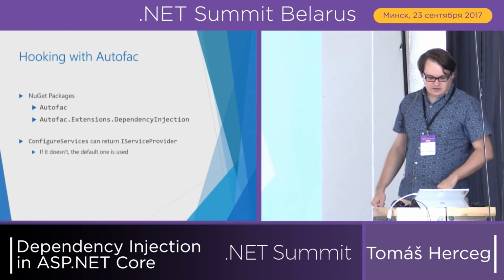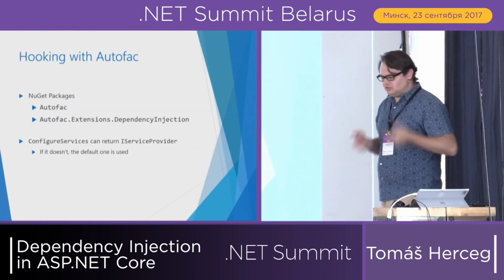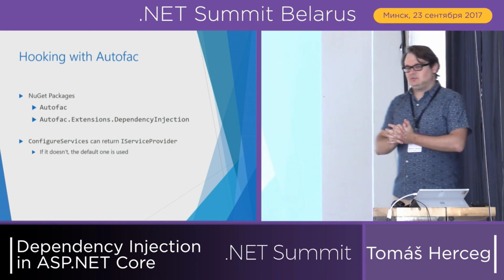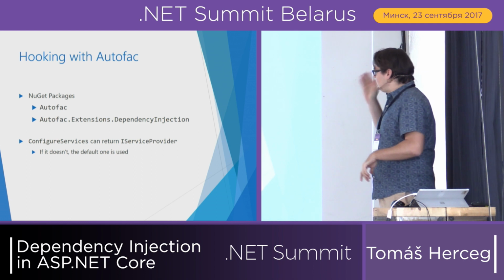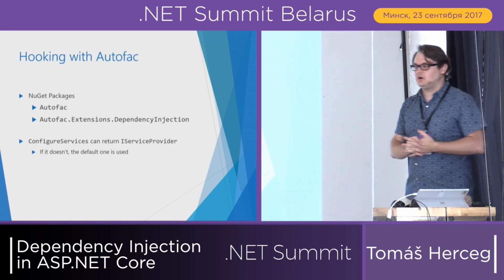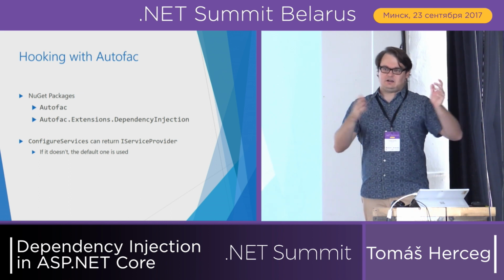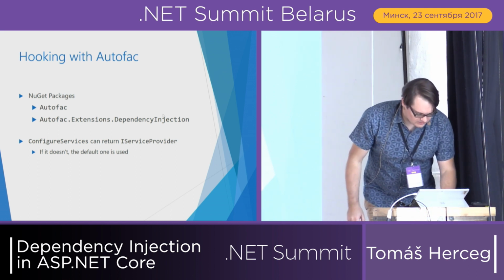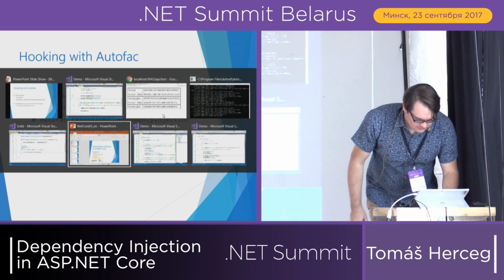Okay, so how to involve some external container with Microsoft Dependency Injection. I will be showing how to do Autofac and Castle Windsor, but pretty much every container can be integrated with this. So let's look at another demo.